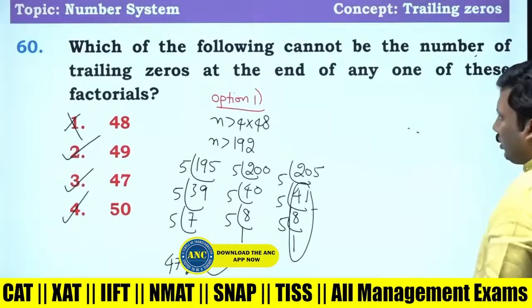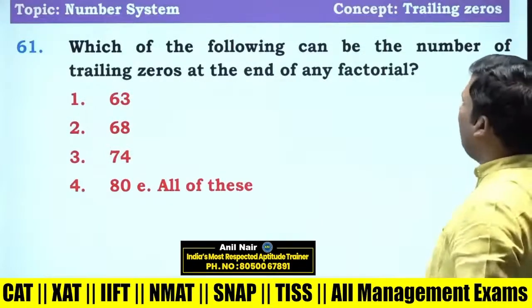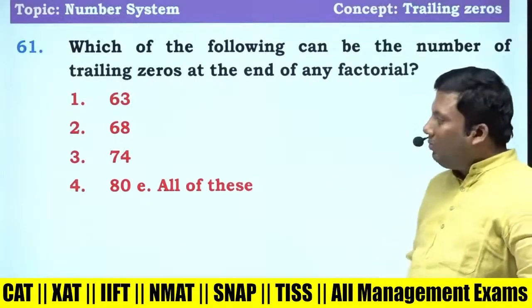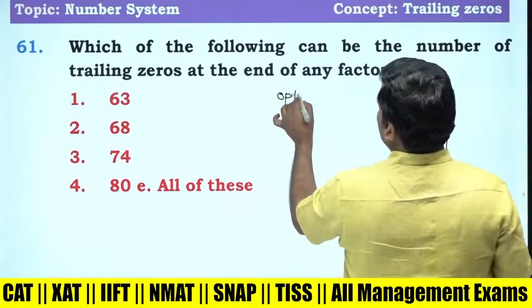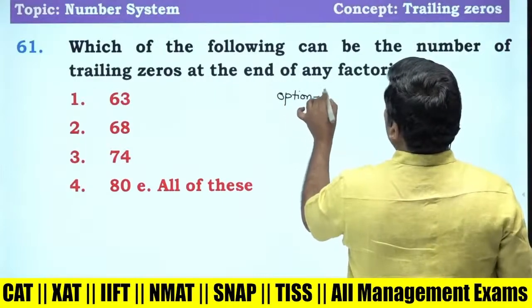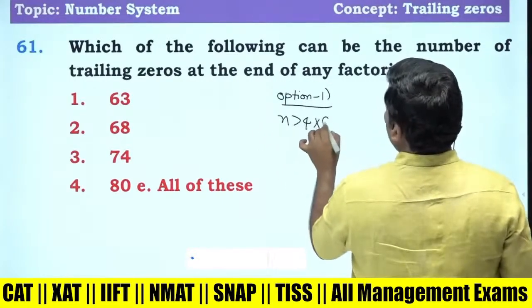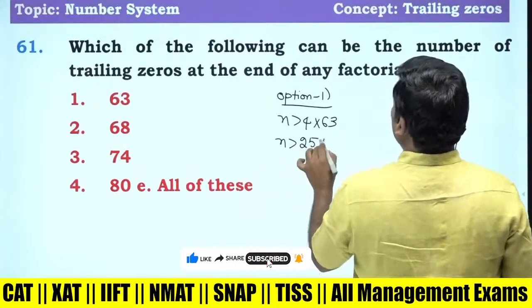Next question. Which of the following can be the number of trailing zeros? Previous question was cannot be. Now it is can be. Option 1: N is greater than 4x, 4 into 63, N is greater than 252.